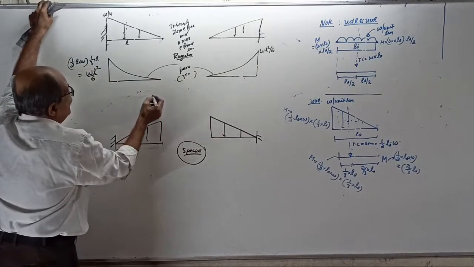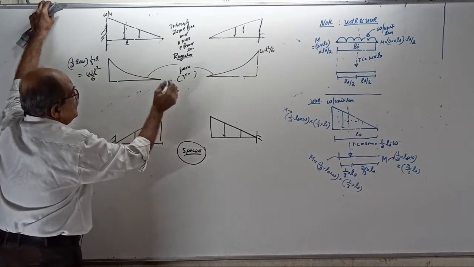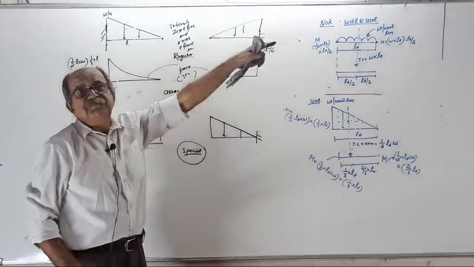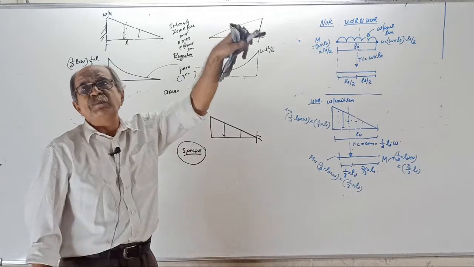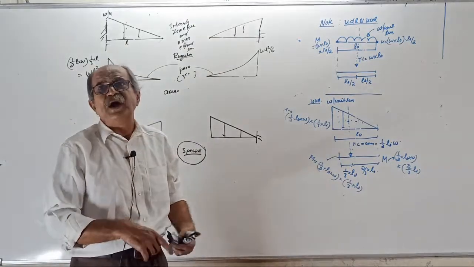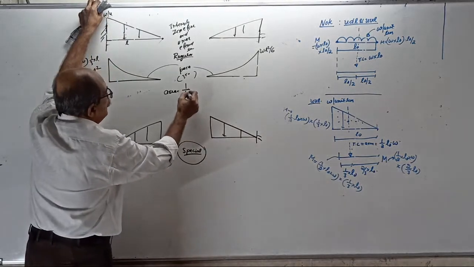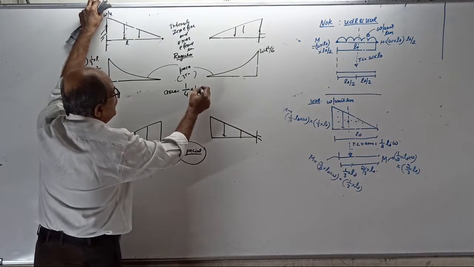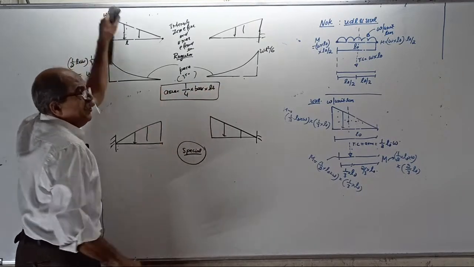Now remember, the area is further lesser. See, triangle: 1/2 base into height. UDL parabola: 1/3 base into height. The same sequence continues. Area is 1/4 of base into height. Clear? I will give one more analogy.